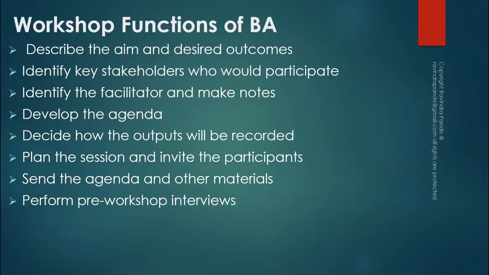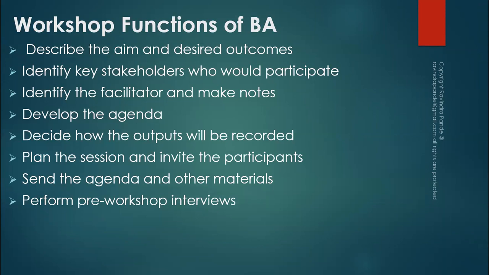Workshop functions as a BA. What will the BA do? The BA is basically trying to build this document and describe an aim and desired outcomes for a given project, solution, support services. Identify key stakeholders who would participate, like the product owner, project executive, project manager, and so on, from the State Farm side, from the Infosys side, and so forth.